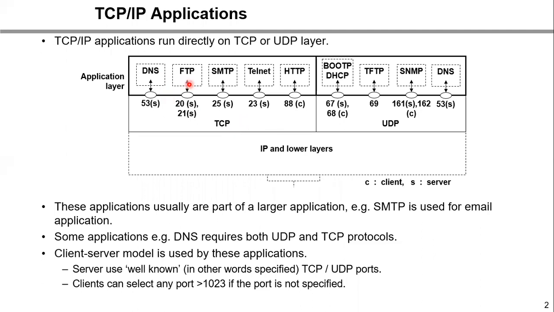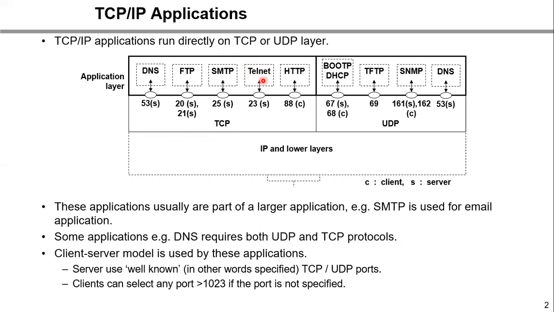So FTP, file transfer protocol, whenever you want to transfer any file, those two port numbers are used, 20 and 21. This is a simple mail transfer protocol, SMTP. It uses 25 number. The telnet is the remote login protocol.